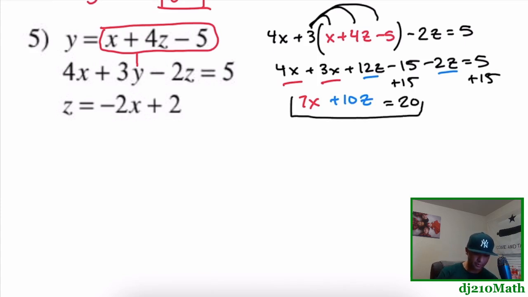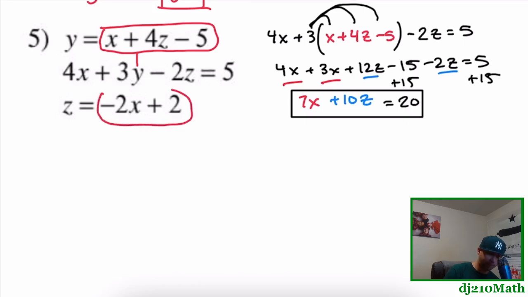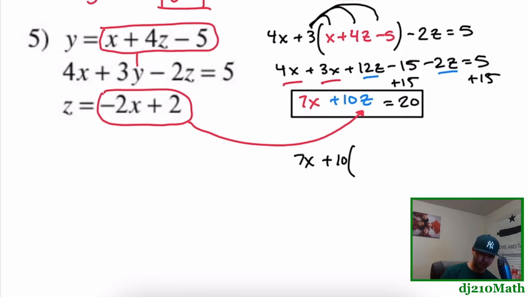This is our important piece. So now, z is equal to negative 2x plus 2. So that z is going to go into here. We're going to get 7x plus 10 times negative 2x plus 2, equals 20.